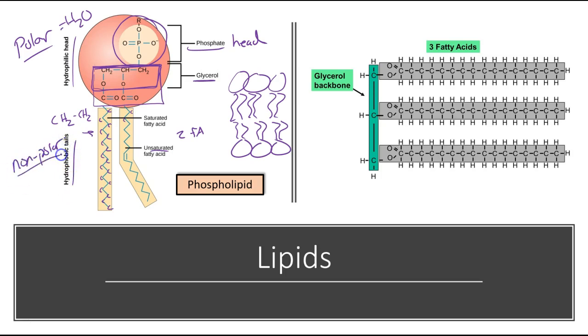And because they are non-polar, they are not going to mix with water very well. In fact, they're going to be insoluble. They're going to repel water. They're not going to orient themselves towards water, which is why phospholipid tails create this membrane where tails are pointed inward and heads are pointed outward.